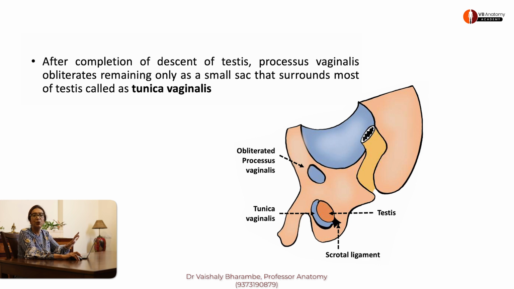This is the absolute basic of descent of testes. So it was present in the dorsal wall, suspended from the diaphragm by a suspensory ligament. It was covered by a layer of peritoneum called the processus vaginalis, and it was anchored down to the scrotum with the help of gubernaculum. When the suspensory ligament disappears, the testes are free to descend down into the scrotum.